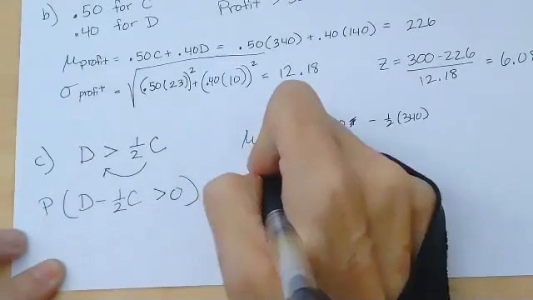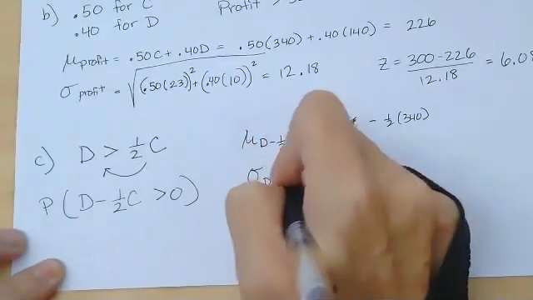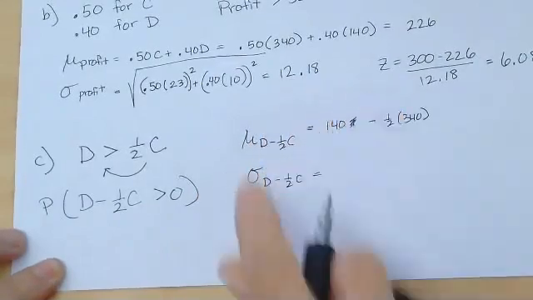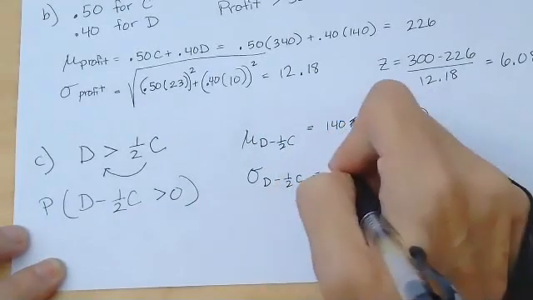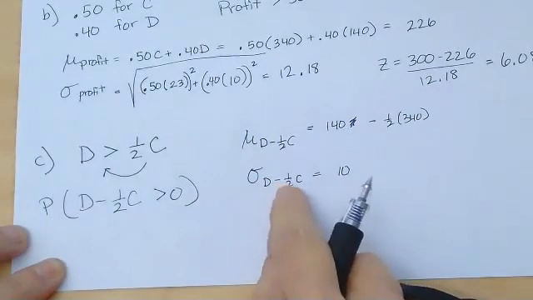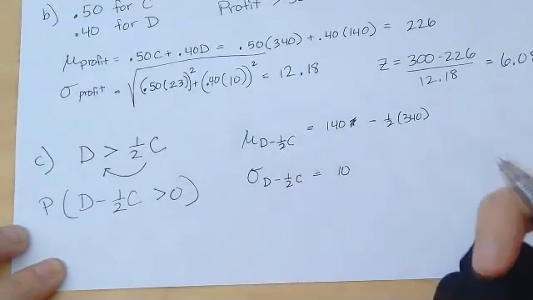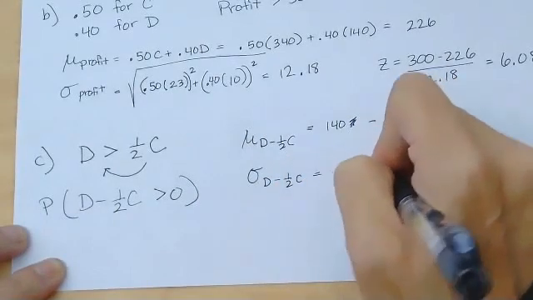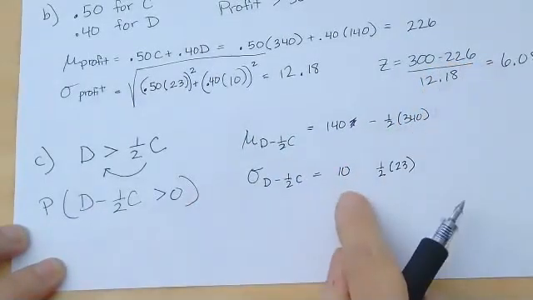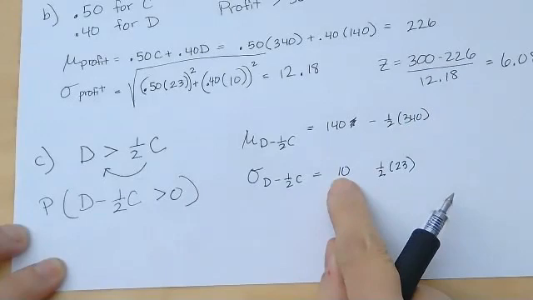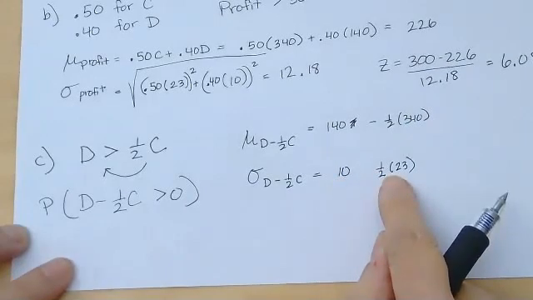Standard deviation: the standard deviation for one donut is 10. For half a cup of coffee, I know it's not really half a cup, but it's half of the number of cups of coffee that are sold. So here's the standard deviation for the number of donuts. Here's the standard deviation for half of the number of cups of coffee.